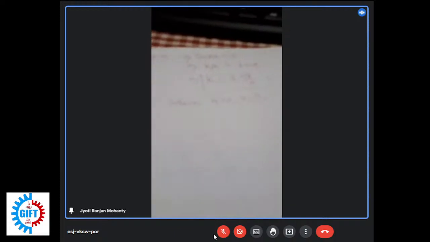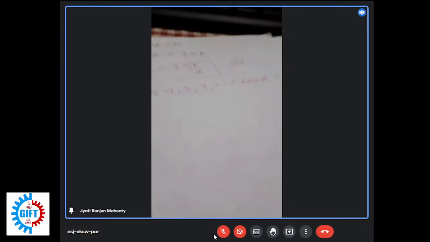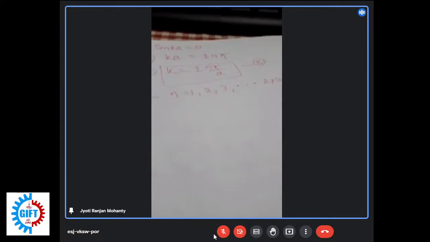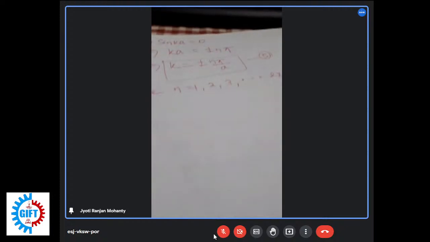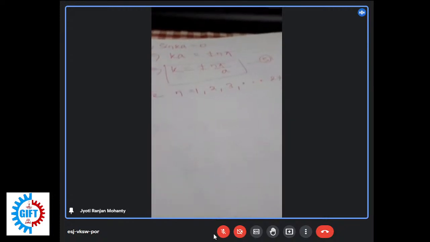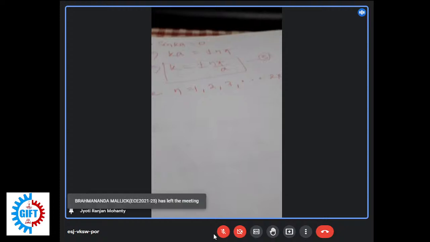I have taken sin theta is equal to 0, theta is equal to plus minus n pi. Here n is 0, 1, 2, 3, etc. But here 0 cannot be taken.